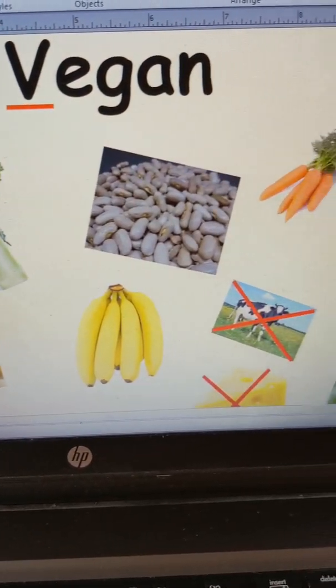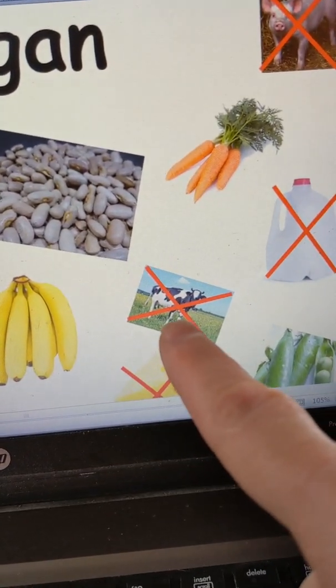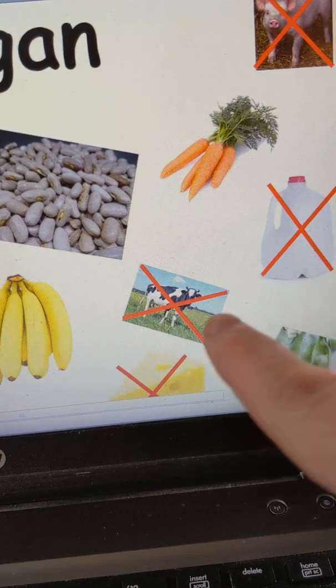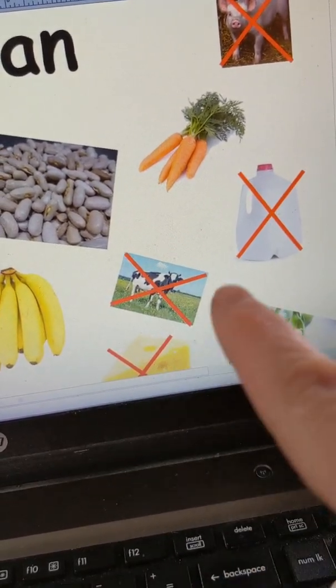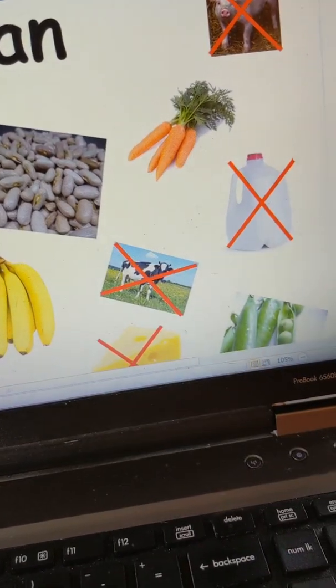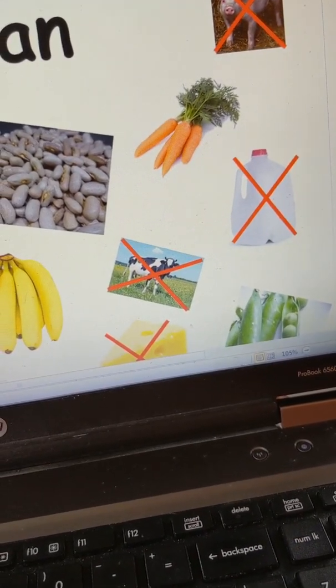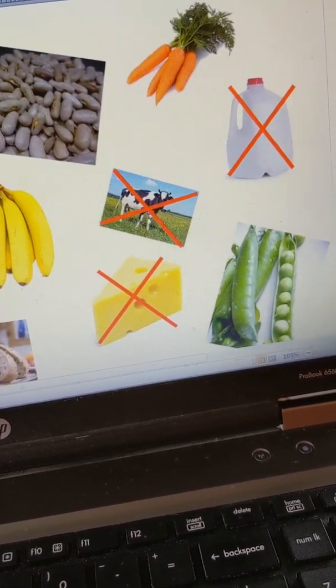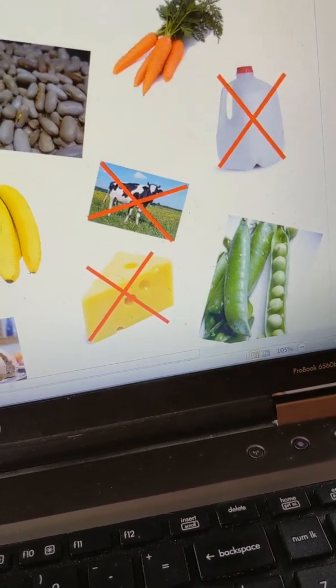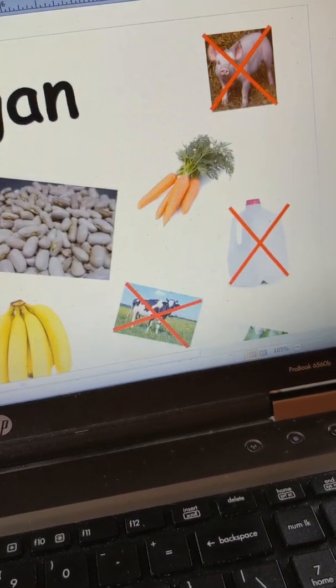Let's see what else here. How about a cow? A cow gives us milk and cheese. Will they eat anything from a cow? No, so they will not eat the meat of a cow, and they will not eat the cheese or the milk from the cow. And here's some peas they would eat. Let's see up here.